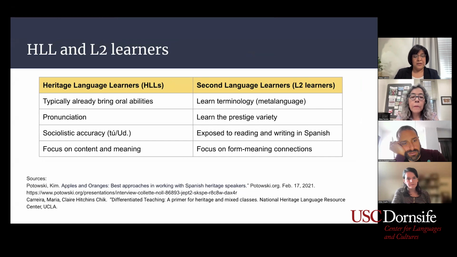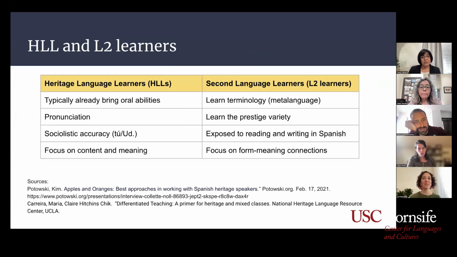Consequently, they can benefit from instructional approaches that recognize their existing linguistic strengths, such as oral proficiency and sociolinguistic accuracy. For example, as you can see on the chart, heritage language learners have more experience using in real life tú and usted, which are informal and formal forms of address. Additionally, focusing on content and meaning during activities like reading can be particularly beneficial for heritage language learners as well.